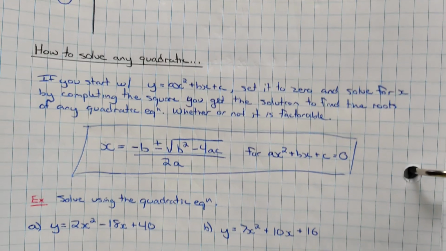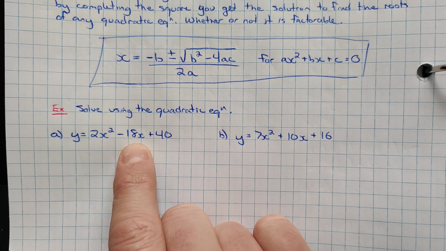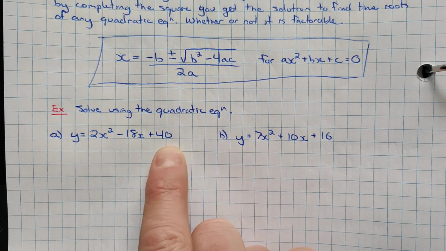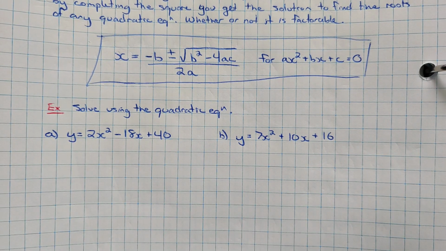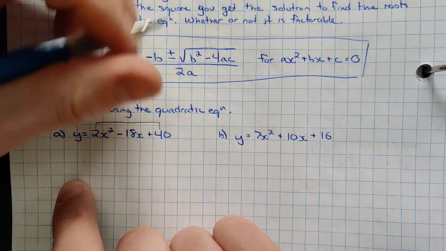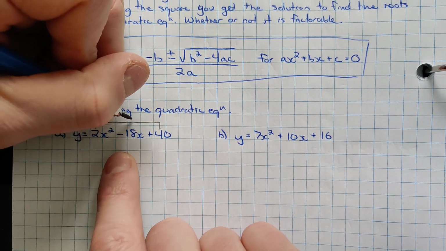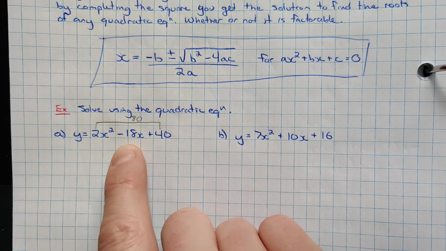Well, let's take a look here. Here we have y equals 2x squared minus 18x plus 40. So all we need to do is sub these values into our equation. We could try and factor this and find 2 numbers. Are there 2 numbers that multiply to 80 and add to negative 18?